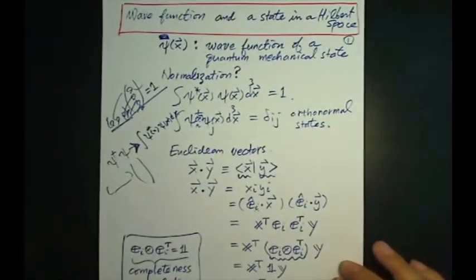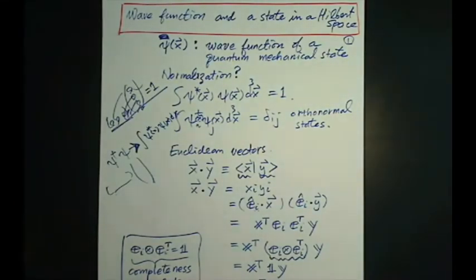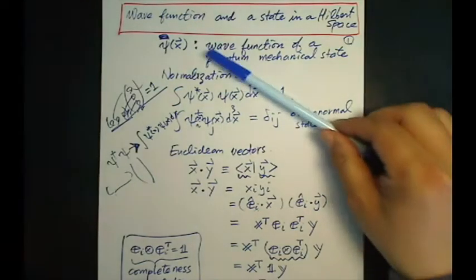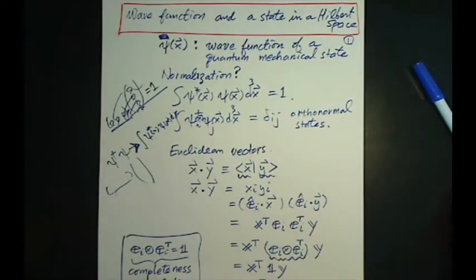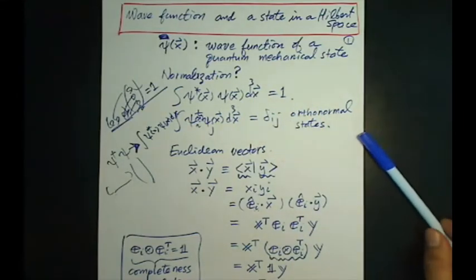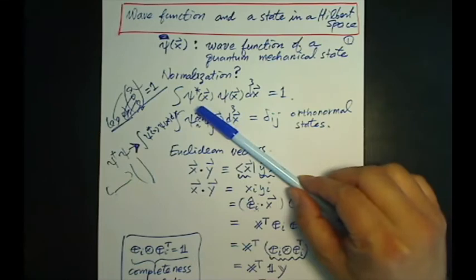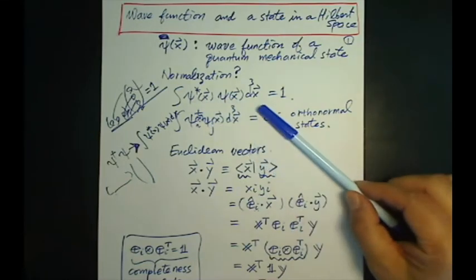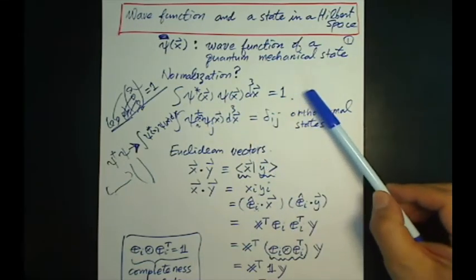Okay, let us consider a wave function and a state in a Hilbert space. As you notice, the psi, the wave function of a quantum mechanical system, actually represents a quantum mechanical state, and normalization of the wave function is given by the integral of the absolute value of the function squared is 1.